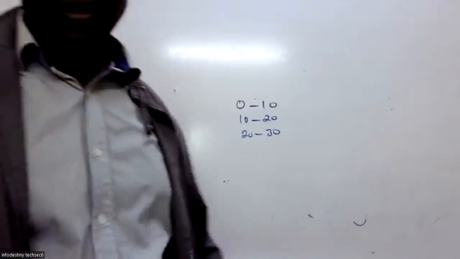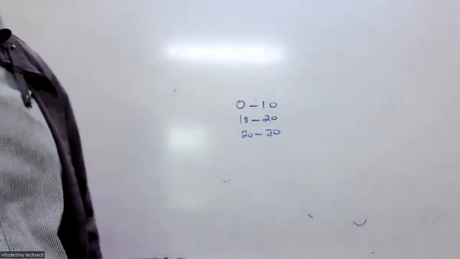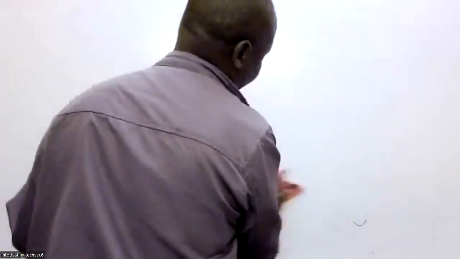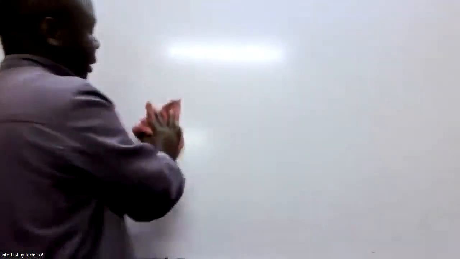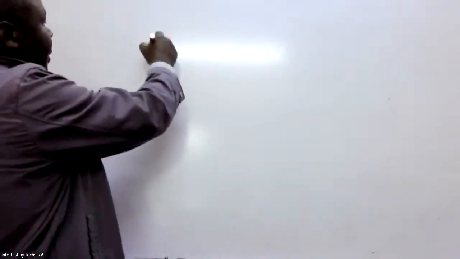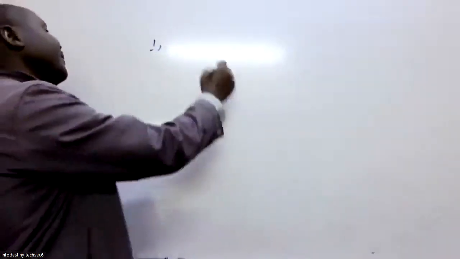So the formation or construction of a frequency distribution involves the following steps. One, the number of classes.